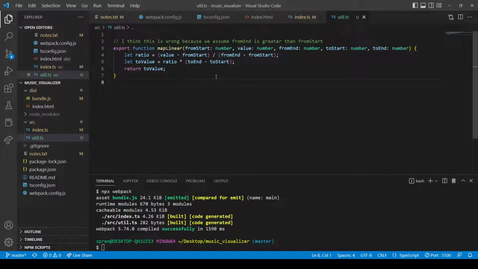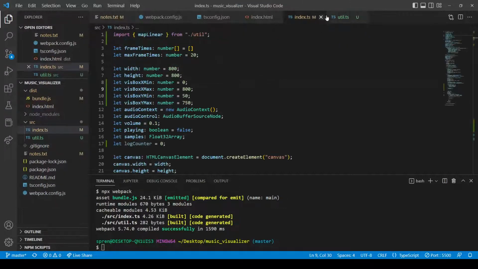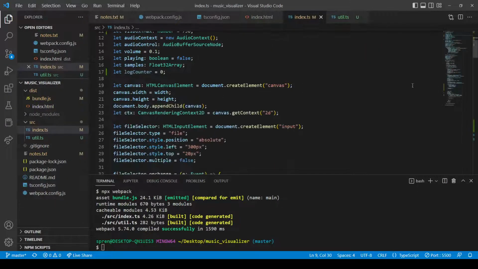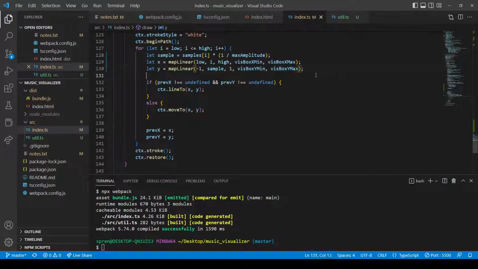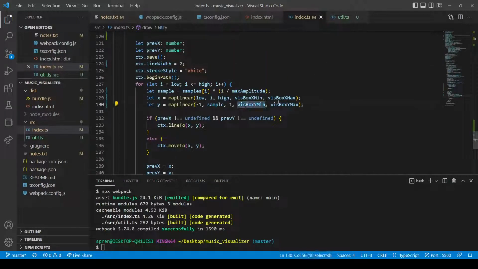Alright, map linear function, what is your deal? I think part of its deal, min max. Huh.